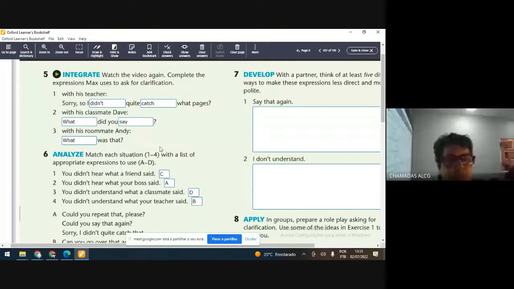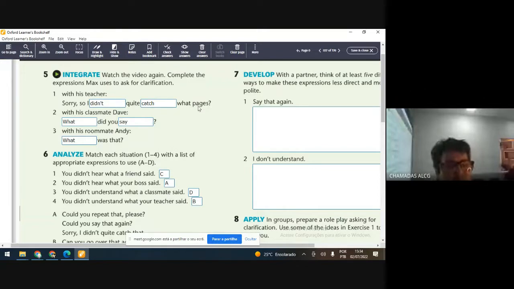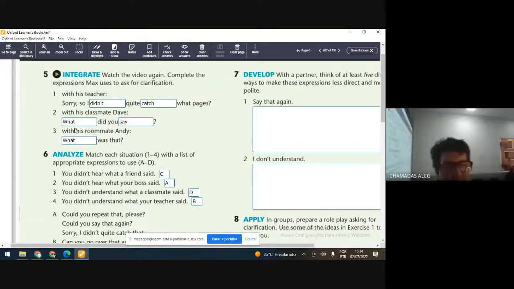So when he talks to his teacher, he says, sorry, I didn't quite catch that. With his classmate Dave, he says, what did you say? And with his roommate Andy, he says, what was that? Okay, so we can see the difference of formality.